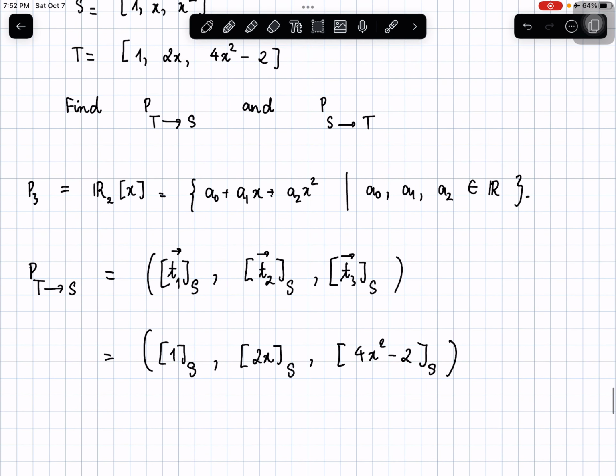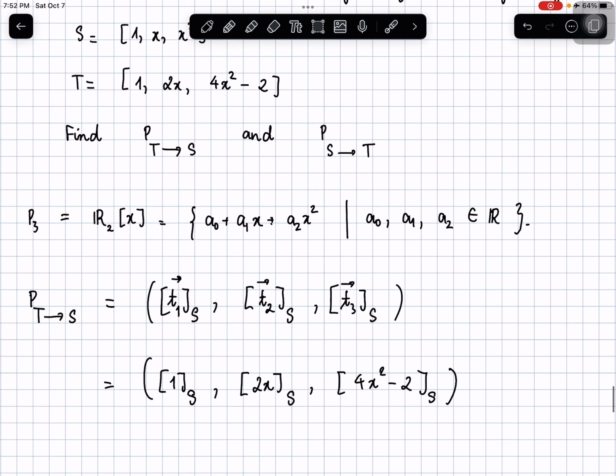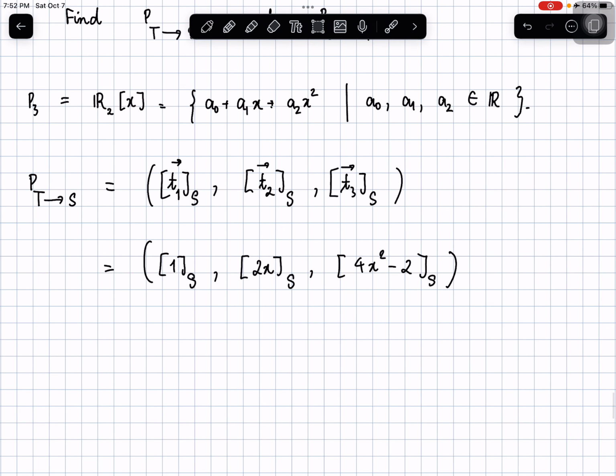Take 1 with respect to S, so the coordinate of 1 is just 1. So 1 equals 1 times 1, 0 times x, 0 times x squared. The coordinate of 1 with respect to S is the vector (1, 0, 0).